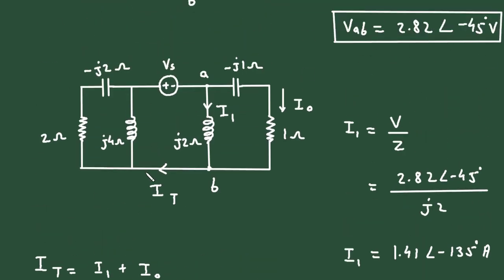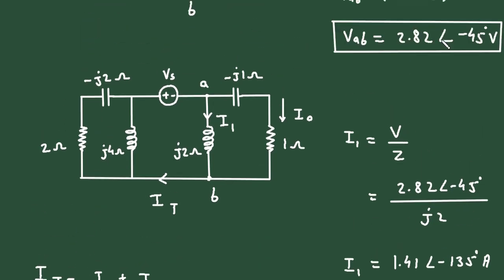Now we got the value of this IT. So we can use the KVL here, or directly let's find the voltage across this J4 ohm.